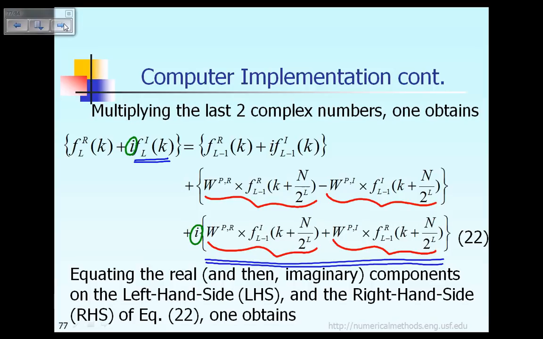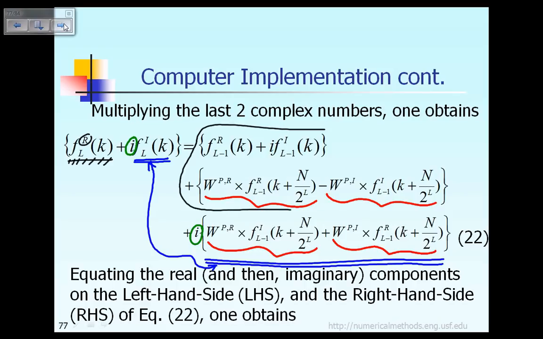So that you can equate together, and you can get one equation that has nothing to do with the imaginary number. You get one equation. And then similarly, you can see this represents the real component of the vector FLK, and that can be equivalent to this portion right here.